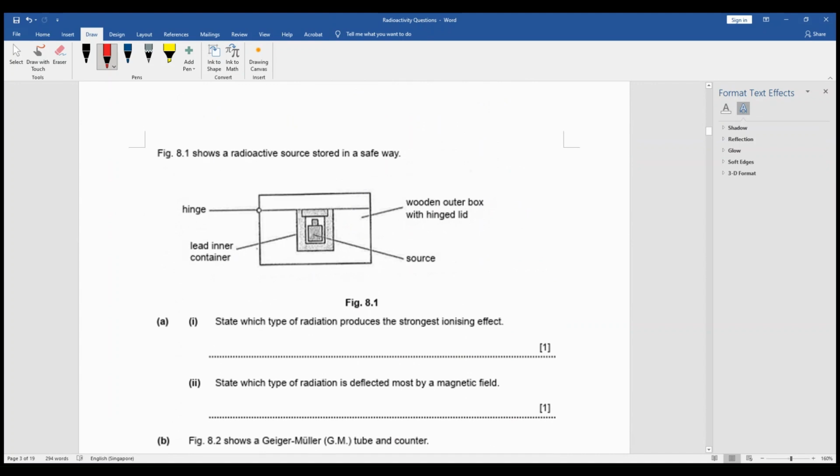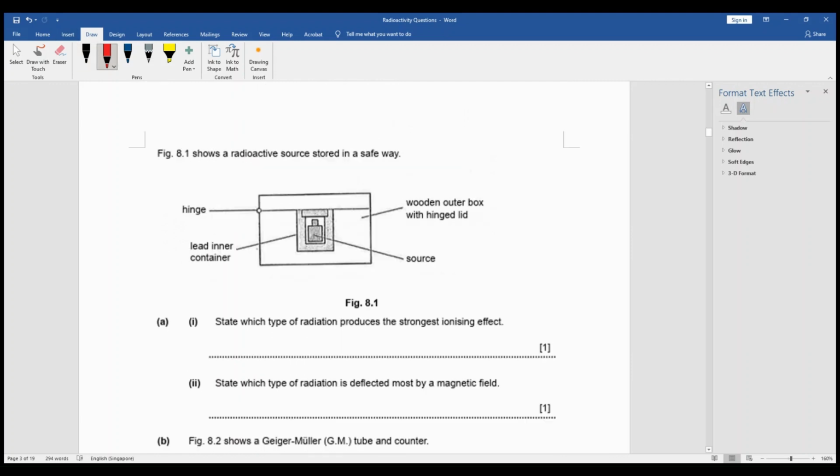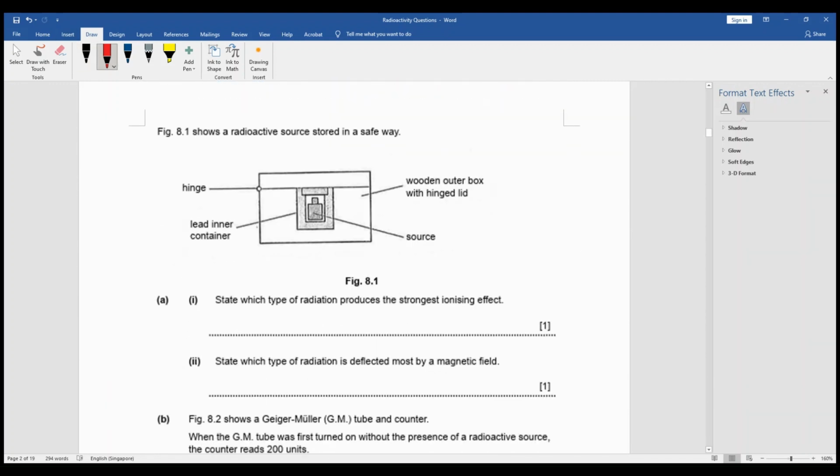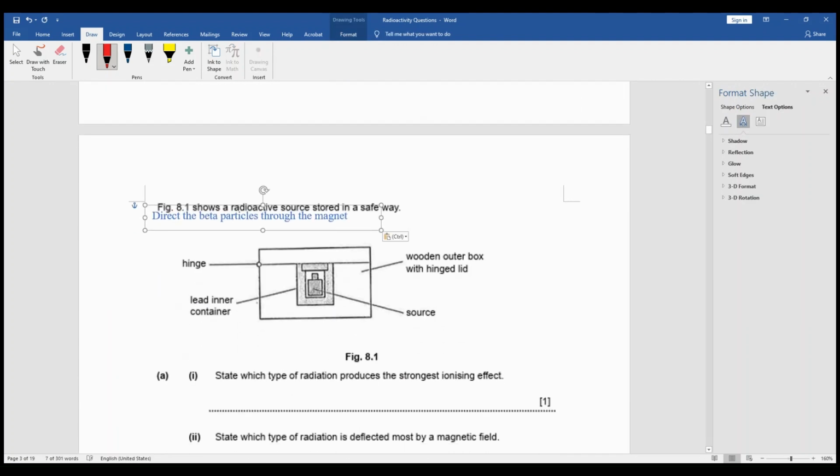Radioactive source stored in a safe manner with a hinge, and so on. So which type of radiation produces the strongest ionizing effect? Recall from your alpha, beta, gamma. Strongest ionizing effect belongs to alpha, but at the same time, it has the lowest penetration power.